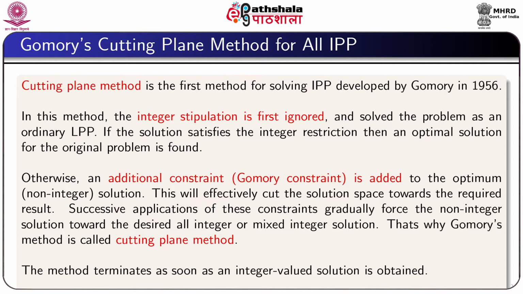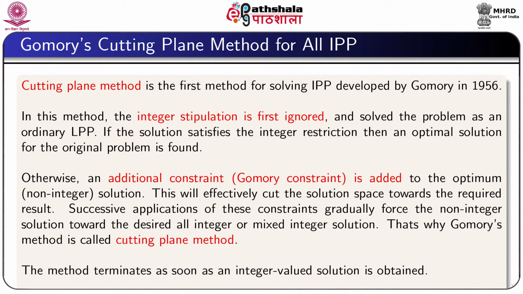In this method, the integer stipulation is first ignored and the problem is solved as an ordinary LPP. If the solution satisfies the integral restrictions, then an optimal solution for the original problem is obtained.